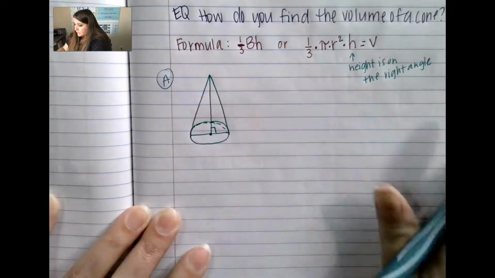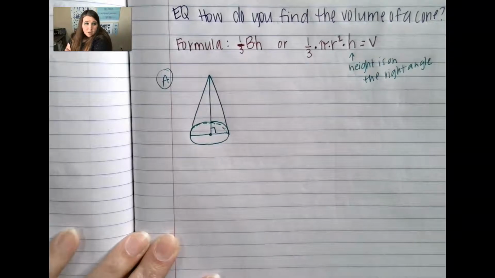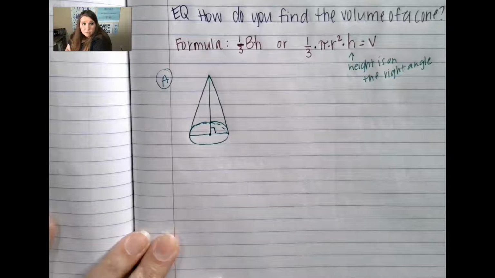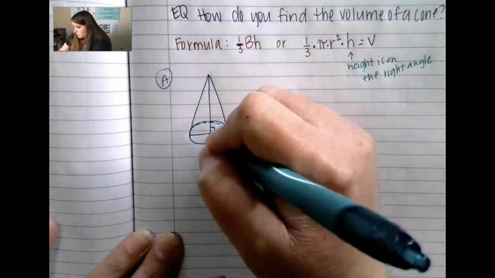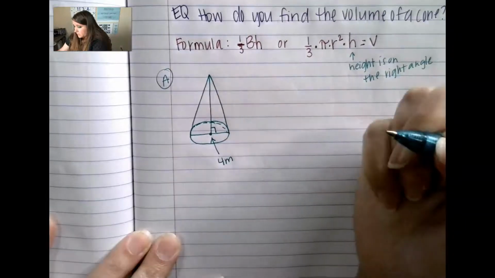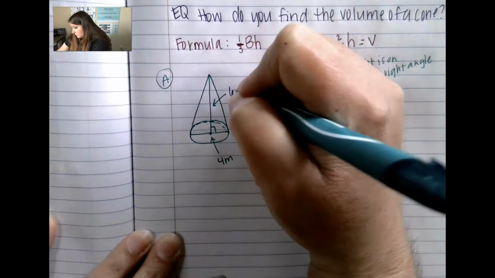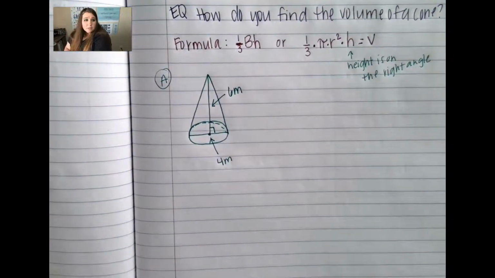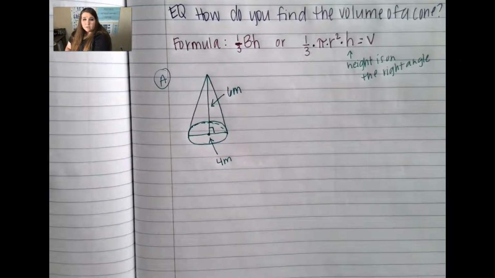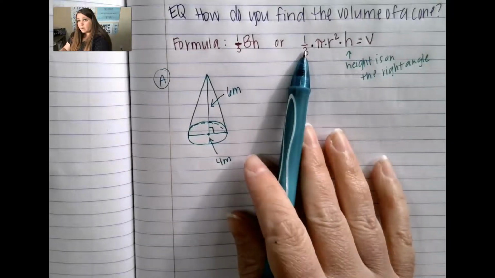All right, so looking at this example of a cone, we're going to check out how to solve this problem. Our diameter is 4 meters, and the height of our cone is going to be 6 meters. Our first stop is the 1/3.